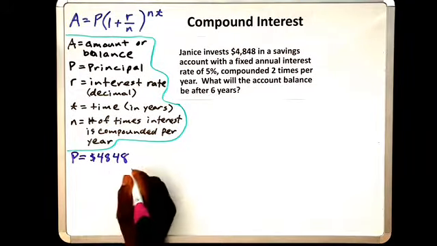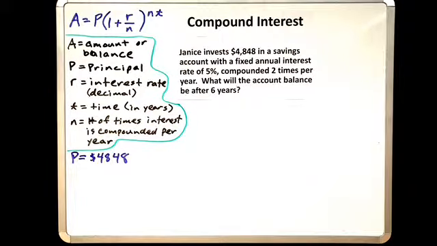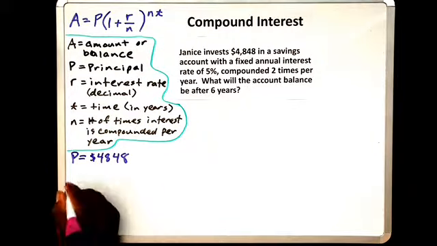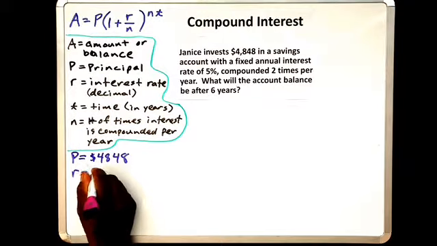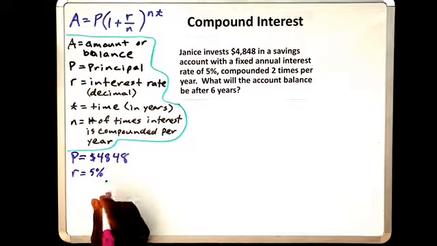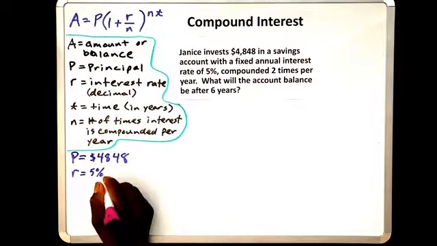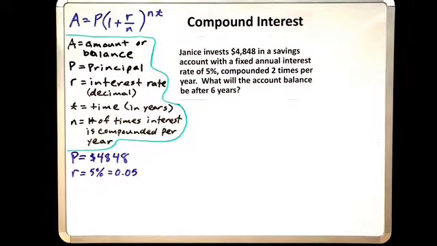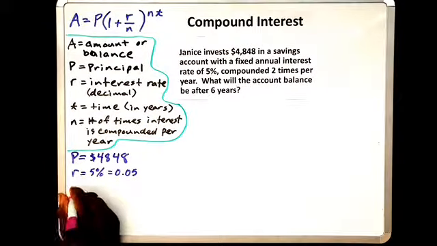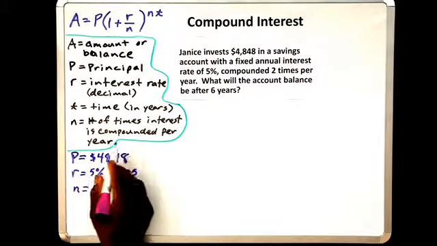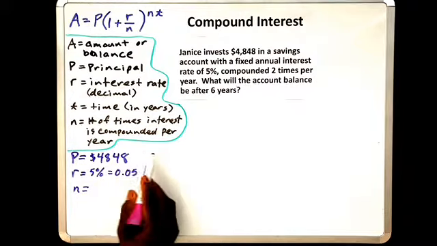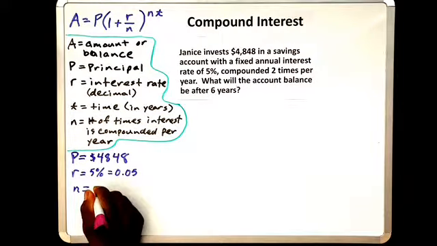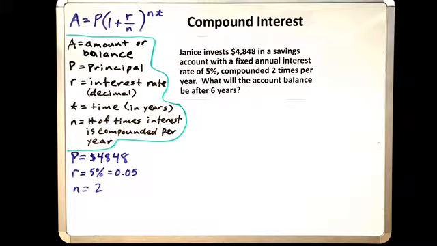$4,848. Okay, we know that the interest rate, R, is 5%, but we said it needs to be written as a decimal, which is also equal to 0.05. We know that N is the number of times interest is compounded. It said it would be compounded 2 times per year.